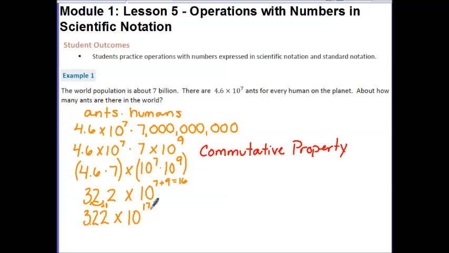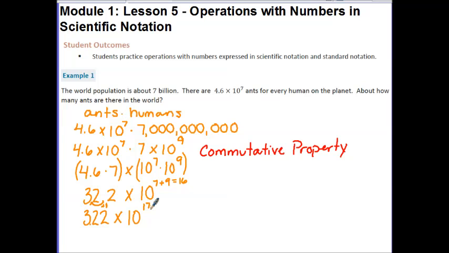Now, this number, you'll notice, is a really, really large number. So you certainly don't want to take this and turn it into standard notation. So this is the kind of thing that I would think about when I'm answering these questions. If they don't specifically say put it in scientific or standard notation, you want to think what's the most logical answer here. It certainly isn't logical for me to move my decimal over 17 times.